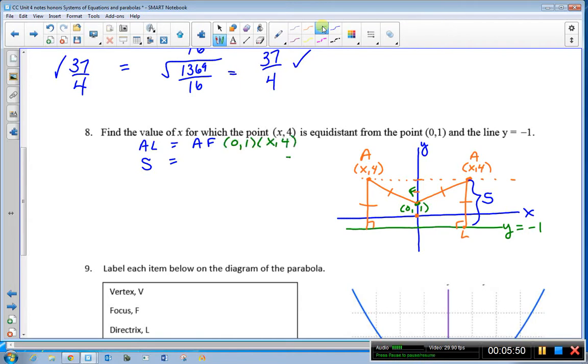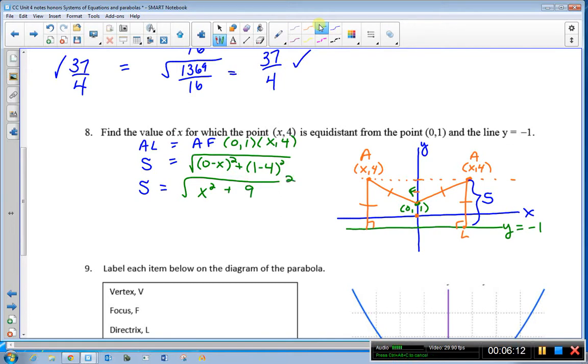So square root of 0 minus x squared plus 1 minus 4 squared. So 5 equals square root of x squared plus negative 3 squared, which is 9. So there I got it.